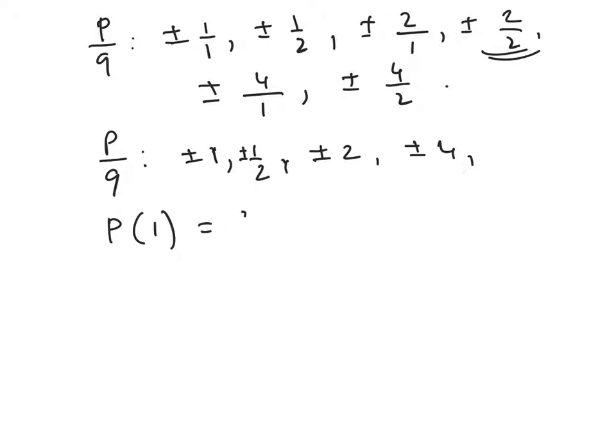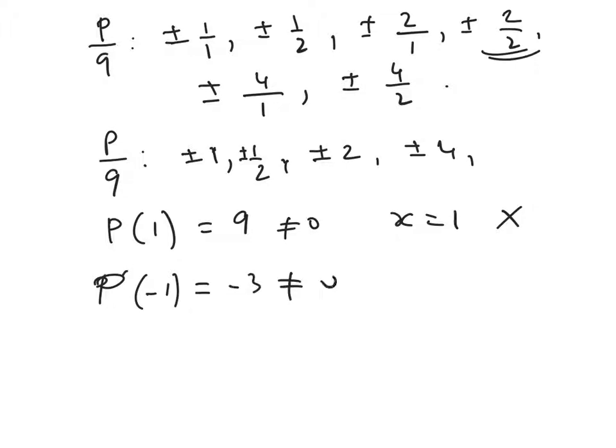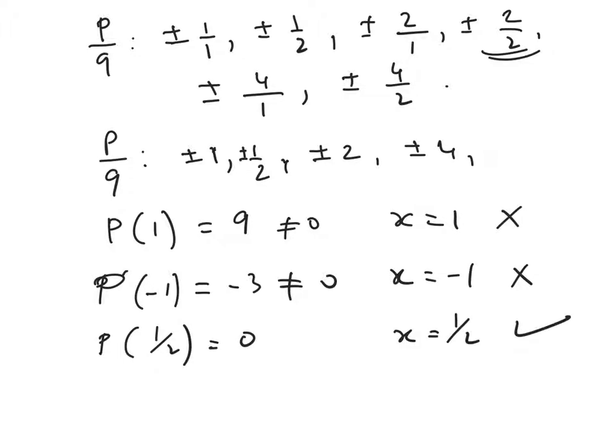The calculation gives a 9, which is not equal to 0, and therefore x equal to 1 is not a zero. p of negative 1 is equal to negative 3, which is not 0. Therefore, x equal negative 1 is not a zero. p of 1 over 2 is equal to 0. So x equal 1 over 2 is a zero.